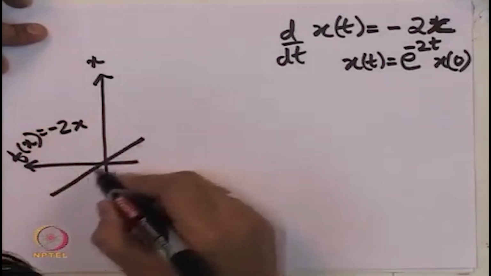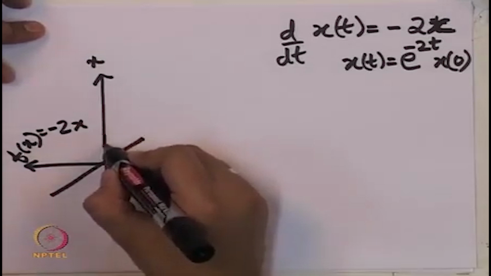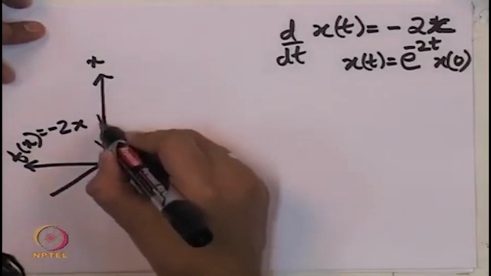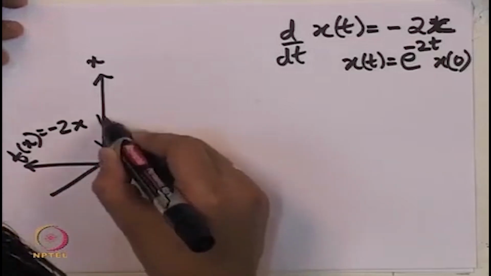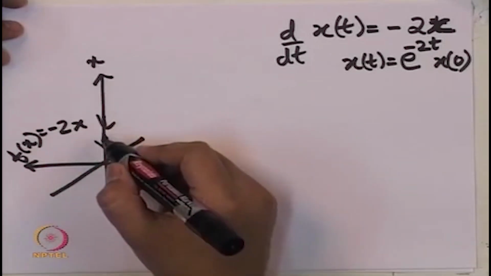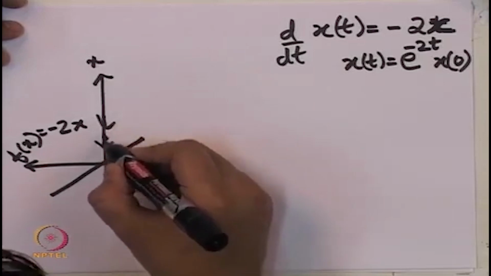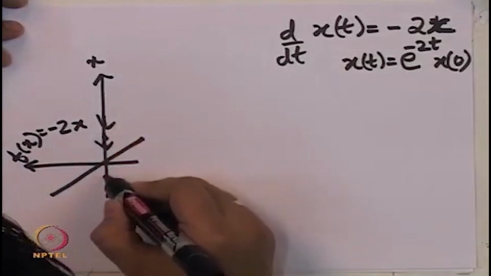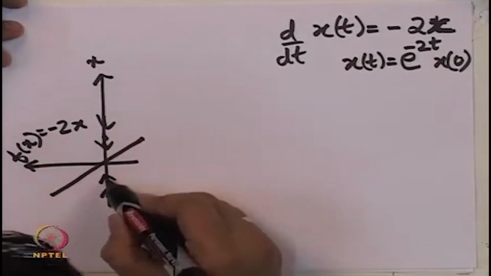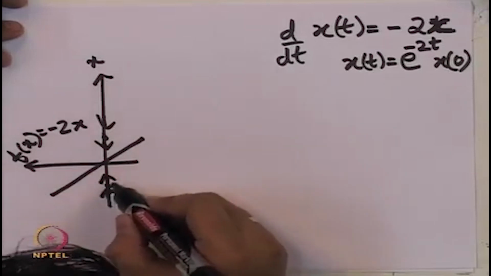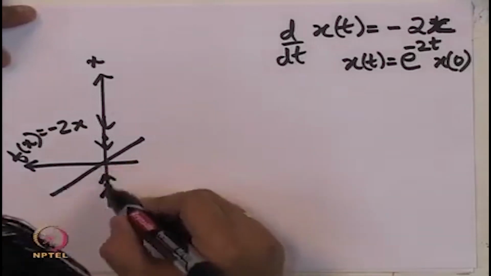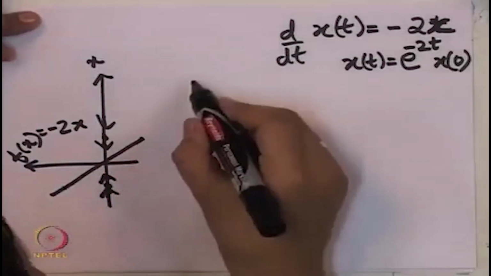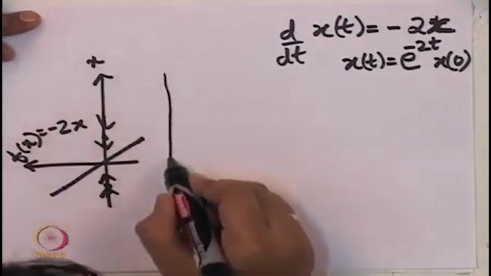For a positive value of x, because f of x is negative, all arrows are directed towards the negative direction of x. In other words, x is decreasing. On the other hand, when x is negative, because f of x is positive, we draw the arrows in the positive direction of x. Now, we will study how the solutions look.